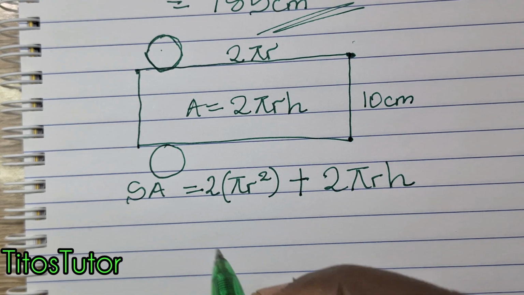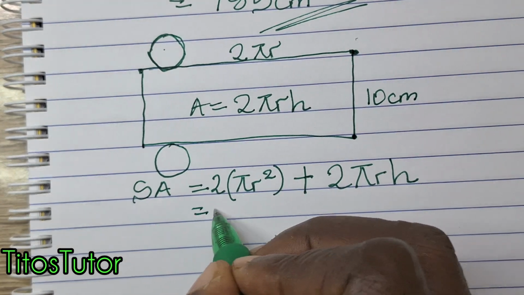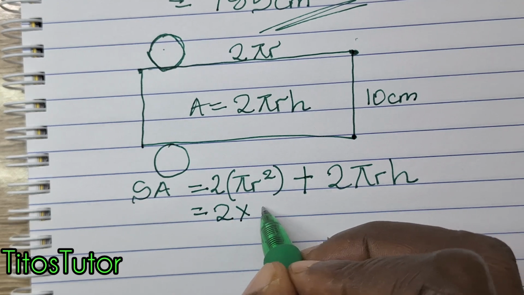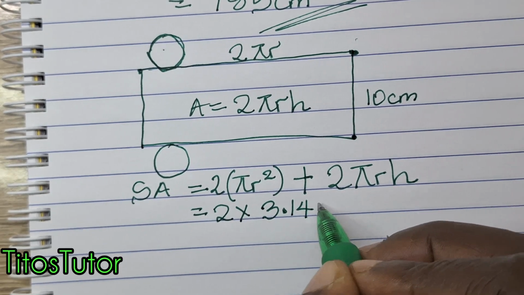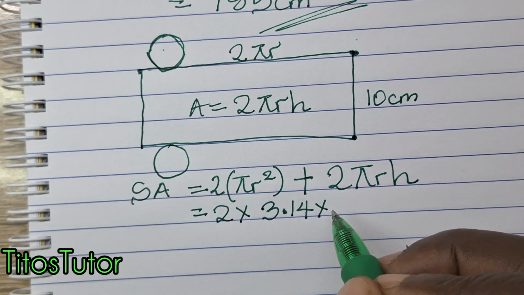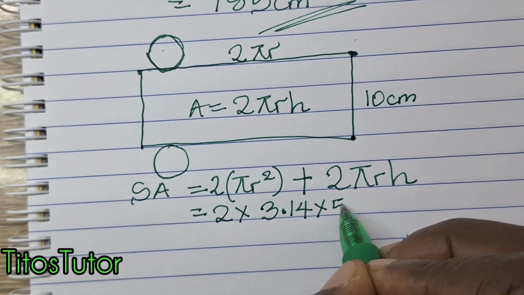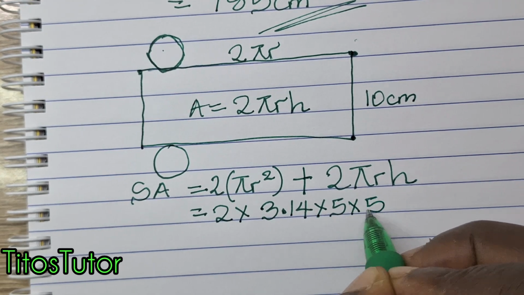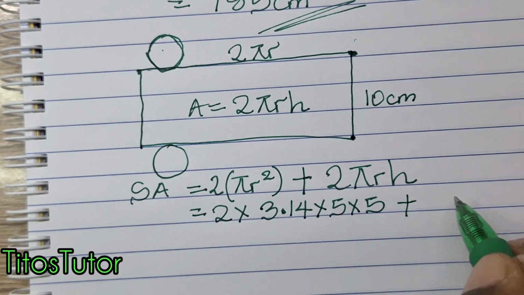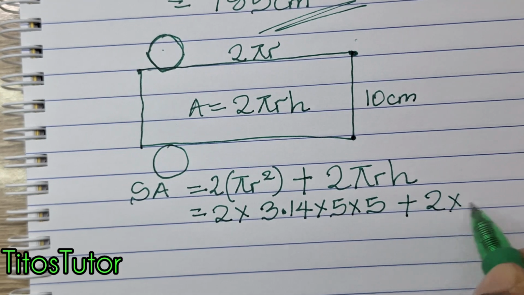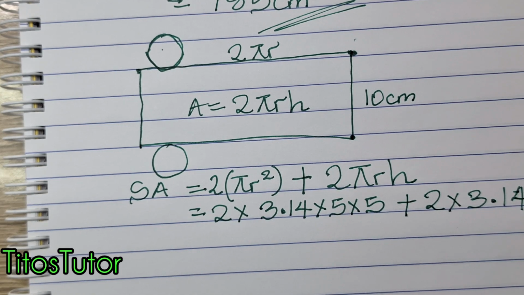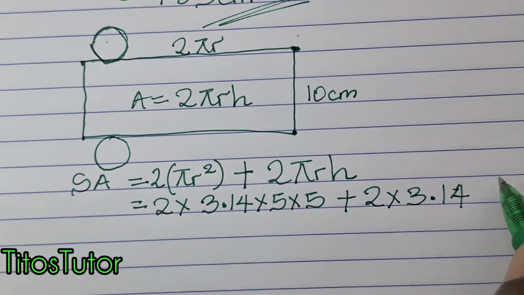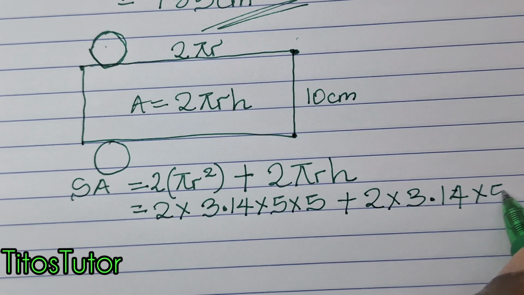Okay, so now see, this is 2 times my pi taken as 3.14 multiplied by my radius which is 5, but it's radius square, so it's 5 2 times, plus 2 times 3.14, multiplied by my radius which is 5 and my height which is 10.